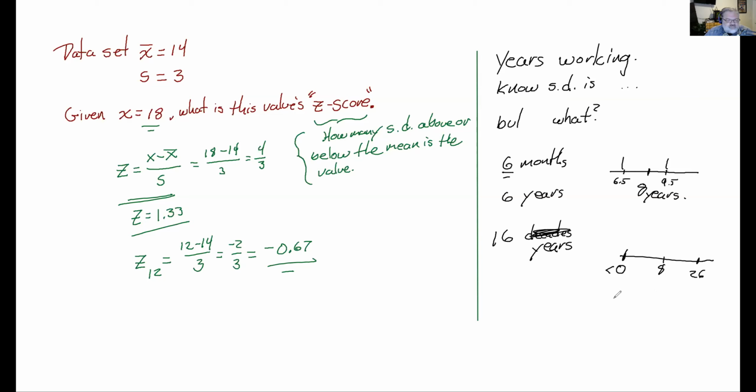So that means all of your instructors will have been either brand new or working all the way up to as much as 26 years. So instead of the newest teacher being 6.5 years, the newest teacher is a new hire. Instead of the teacher who's been there the longest being 9.5 years, the teacher that's been there the longest has been there 26 years. Which of those two seems more reasonable for this data set?